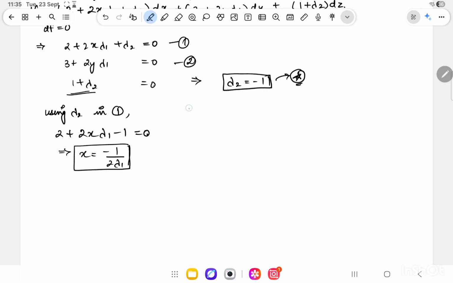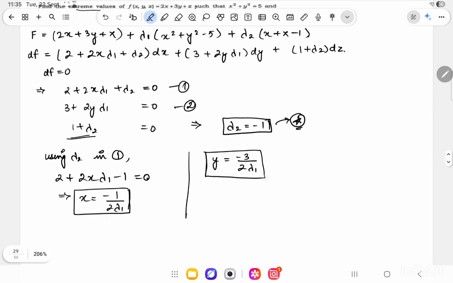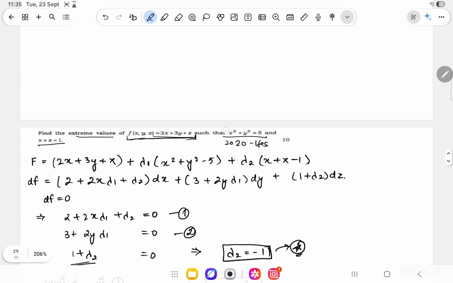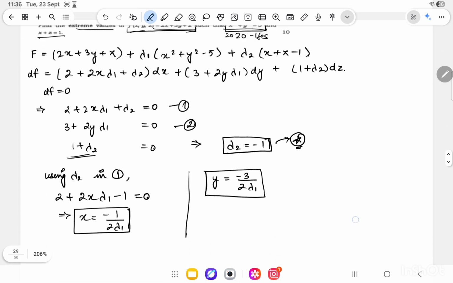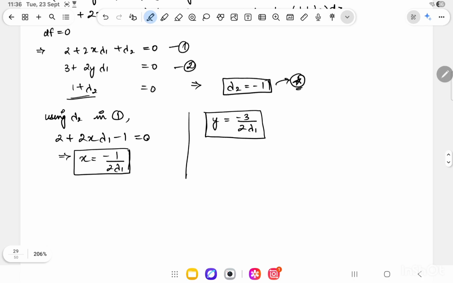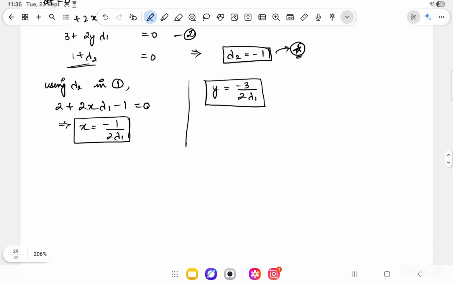Likewise, using equation 2, I can write y in terms of lambda 1, that will be minus 3 by 2 lambda 1. So I got x and y as these, and my lambda 2 is minus 1. Now I have the equation x square plus y square equals 5, and I have parametric values of x and y in terms of lambda 1. Then I can use these to get the value of lambda 1.